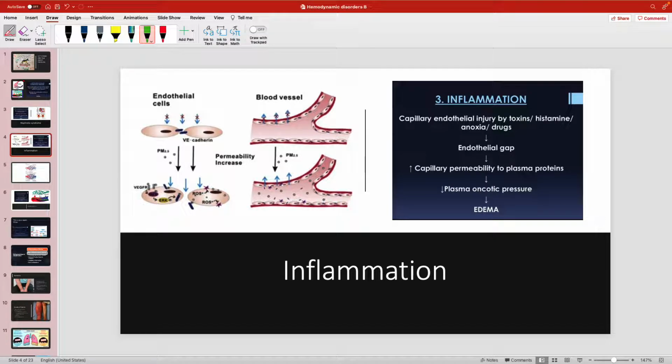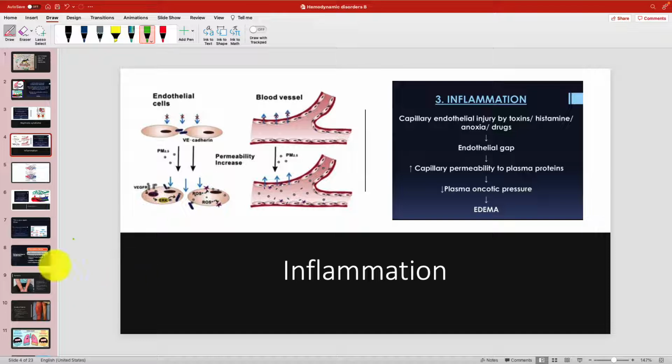So we've already talked about how one of the first responses that occurs in inflammation is vasodilation. And then when we have vasodilation, we have increased blood vessel permeability, where we know this protein-rich fluid can seep out into the interstitial space.